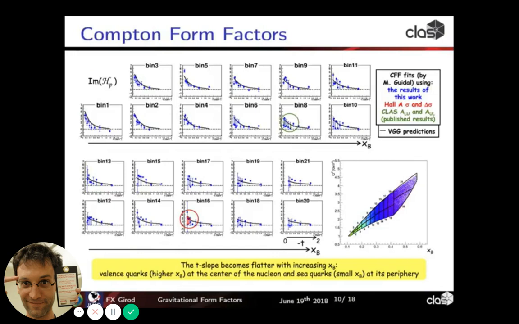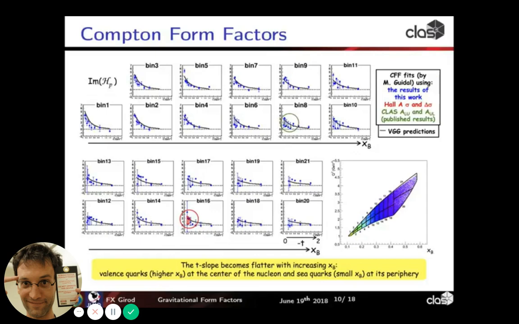Okay, so a little bit more details about this X dependence of the alpha term. It's plotted here for all the bins that we have published in 2015, 21 bins, again as a function of t, and you can see that the slope is much steeper at low x and much shallower at high x.